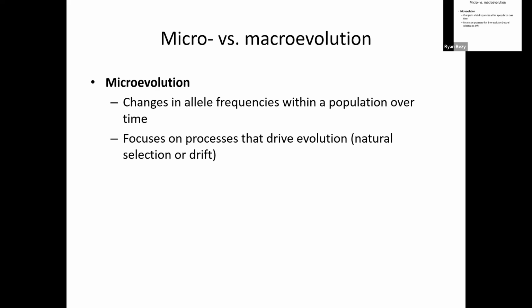Remember, with evolution, and I'm going to hit this a couple times, we're talking about changes in a population of organisms. What's a population? All the members of the same species interacting within an area. So when we're talking about evolution, it's always changes in a population over time, okay?